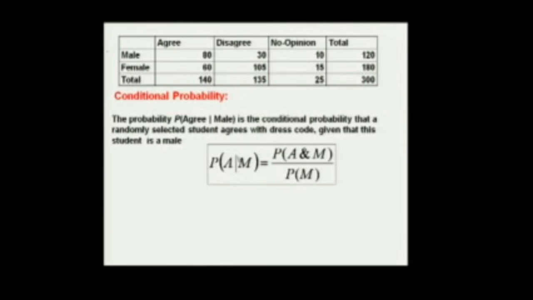That's P(A given M). Following the rule of conditional probability, it is P(A and M) divided by P(M). Well, P(A and M) is a coexistence of agree and the male. So that is the 80 divided by the 300. While given the M, or the probability of M, that's the male, that's 120 divided by 300.